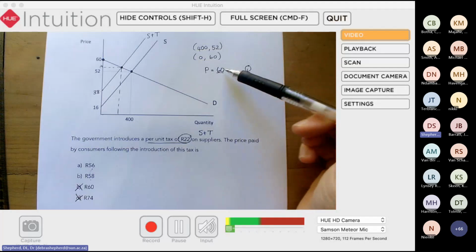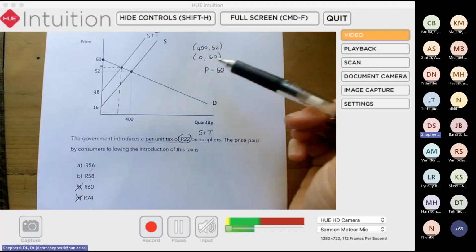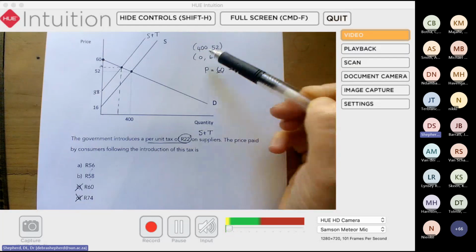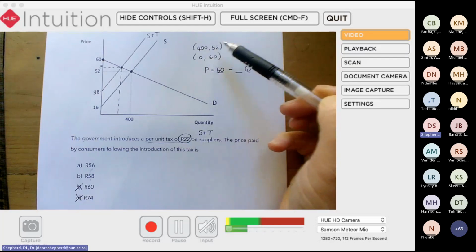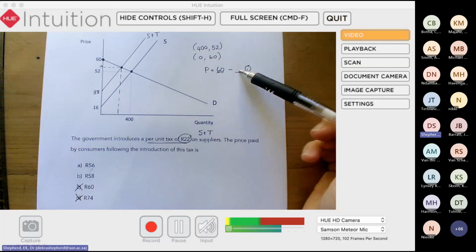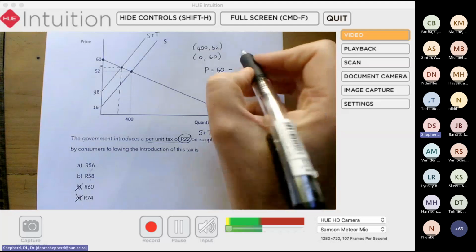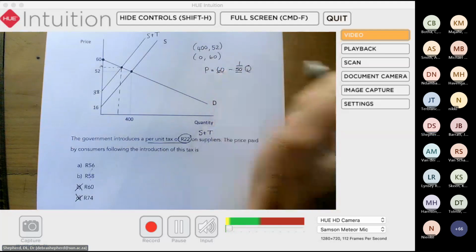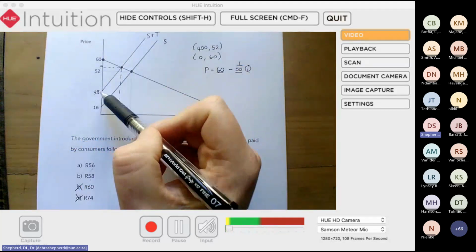And the slope of this demand curve tells me, how does price change when quantity changes? So when quantity changes by 400, price changes by 8. And so the slope of this demand curve is going to be, yes, 1/50.